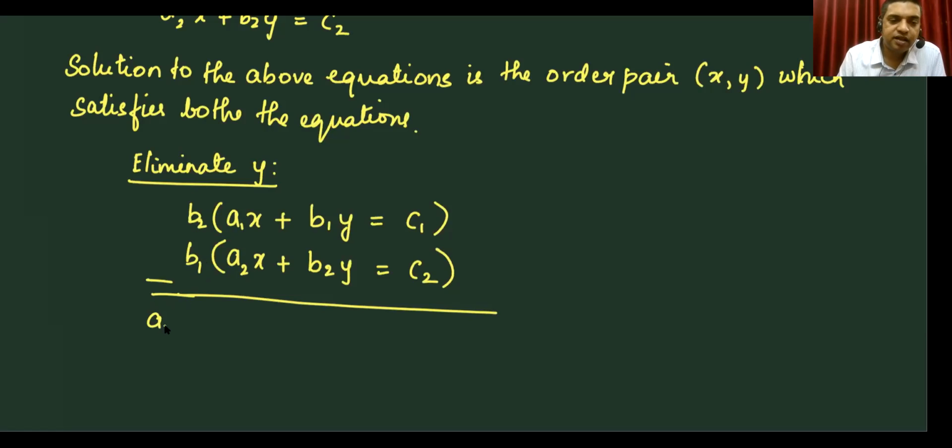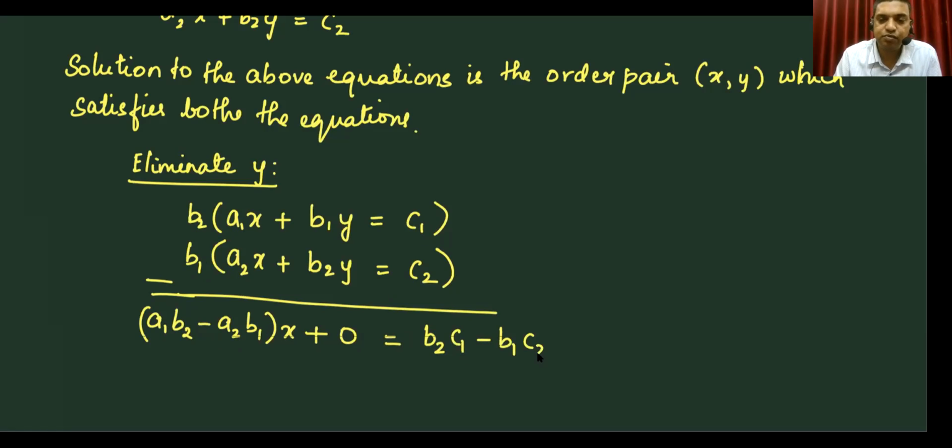Here we get a1 b2 minus a2 b1 times x plus 0 is equal to b2 c1 minus b1 c2.